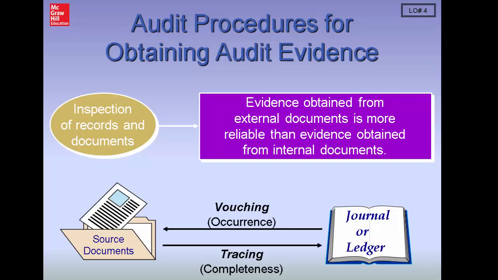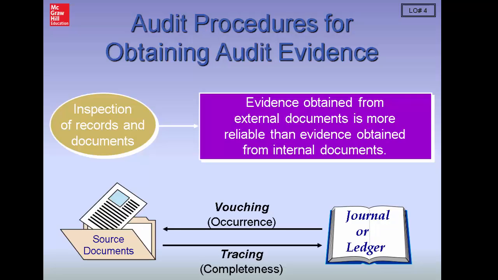This is a very good slide, and I want you to spend some time on this related to how we're actually testing either transactions or account balances. Now, you notice here that we're looking at transactions because we're looking at occurrence versus completeness, but the same thing occurs related to existence and completeness.